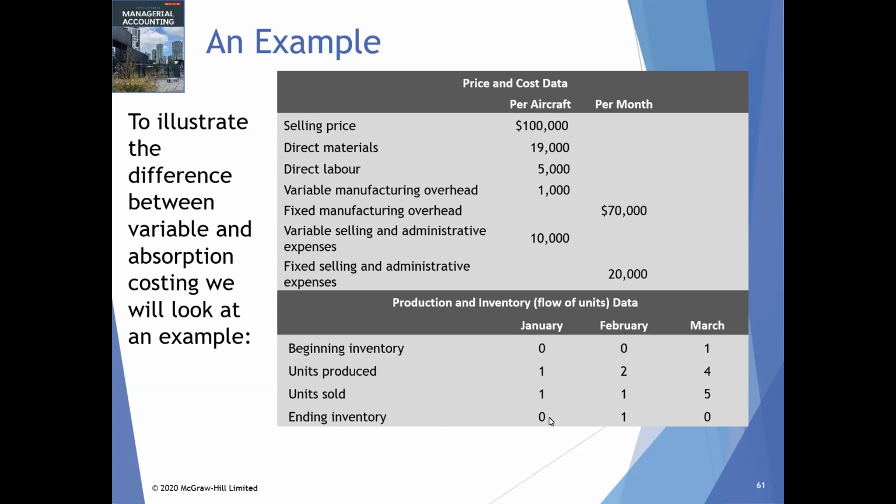Next, opening balance 0 will come here, right? In February, 2 units were produced, 1 was sold, so 1 is the closing inventory. Closing inventory goes to March, that becomes the opening inventory. 4 units were produced, 4 plus 1, that is 5 units sold, and 0 was the ending inventory. This is the information given in front of us. Now on the basis of this information, we are going to calculate something.